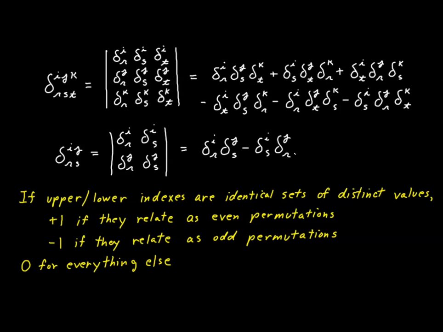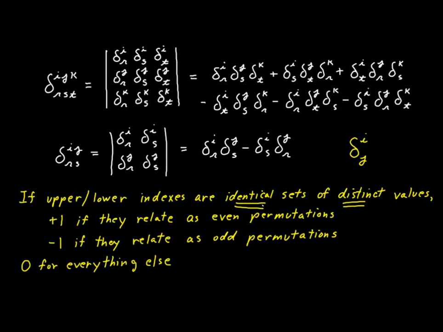And by the way, let me point out that we can even apply this definition to our Kronecker delta ij. Of course, we know how this works. It's equal to 1 if i is equal to j. But notice how the same description works equally well even for this expression. Because if the upper and lower indexes are identical and distinct, well, of course they're going to be distinct.